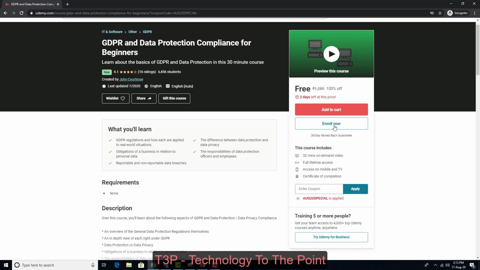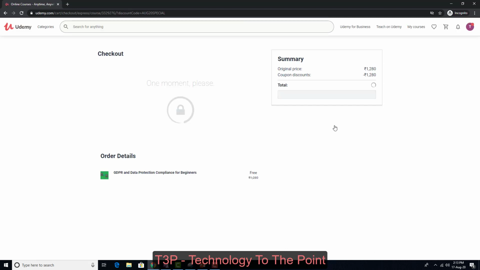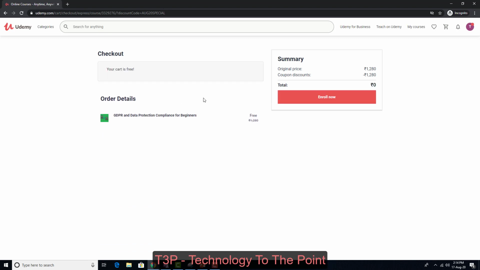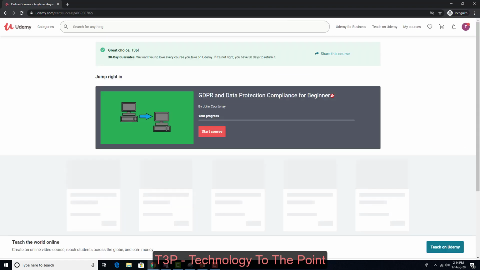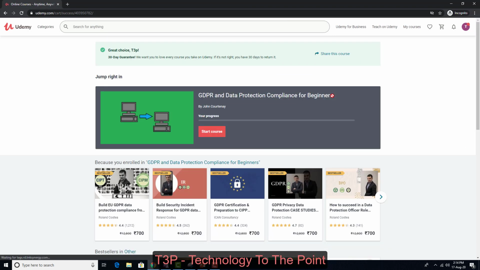Once we go to enroll now, it will go to payment and check, and yes, our coupon is working well, and now the total cost is 0. You can enroll. So now we are good to go for learning this particular course.